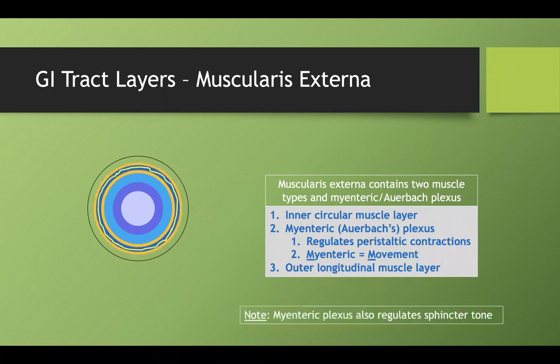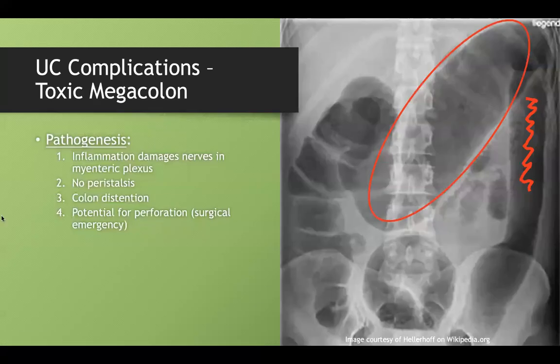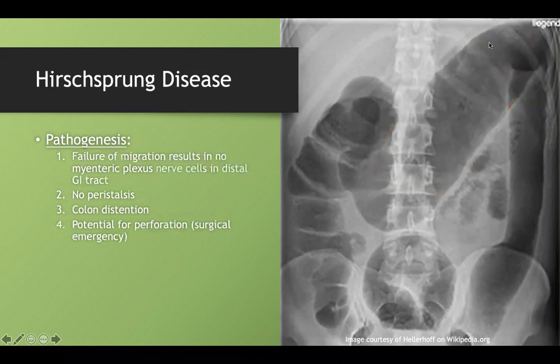And just remember that the myenteric plexus also regulates sphincter tone. In this case, we're talking about the importance of peristaltic contractions when it comes to the myenteric plexus. So when you lose that, just like our ulcerative colitis complication here, it's the exact same thing where you lose peristalsis in one area because of damage to the myenteric plexus, and that'll cause a backup and a distension proximal to that area.